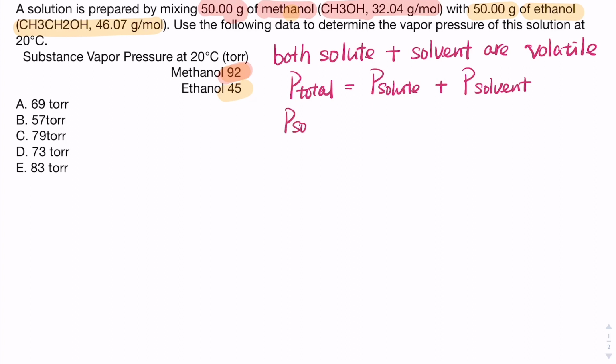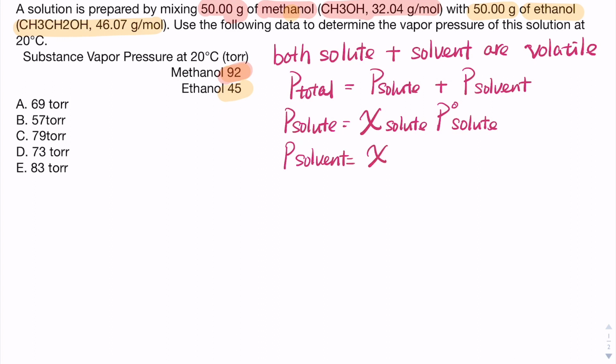For the solute, we're going to use the mole fraction of the solute multiplied by its pure solute vapor pressure, and we'll calculate the solvent the same way.